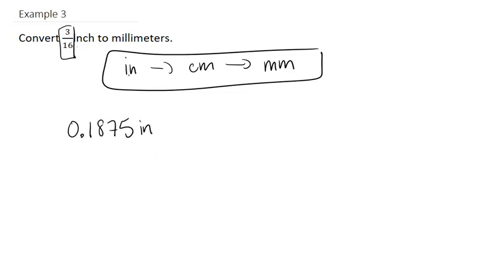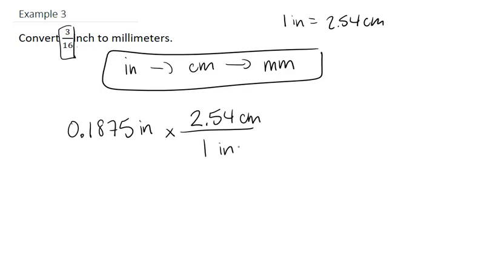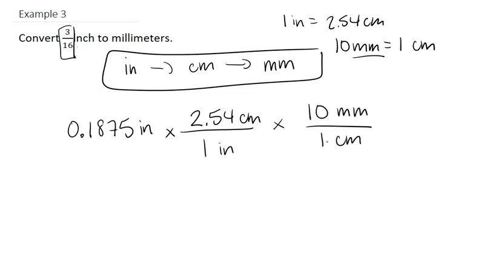So 0.1875 inch. Now we know 1 inch is equal to 2.54 centimeters. So we need to get rid of inches, so we put that on the bottom, and then on the top we have 2.54 centimeters. Then we need to get rid of centimeters, so we know that 10 millimeters is equal to 1 centimeter. So in order to get millimeters on the top, we put the 10 millimeters on the top, and on the bottom, the 1 centimeter.